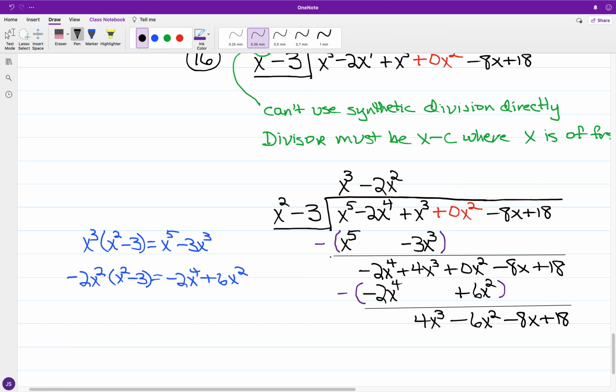And then for the next go round, we have x squared into 4x cubed. So the next term of the quotient is going to be 4x. So distributing 4x over the quantity x squared minus 3, this is going to be 4x cubed minus 12x.